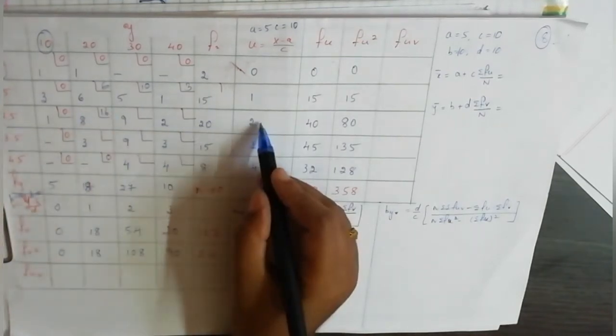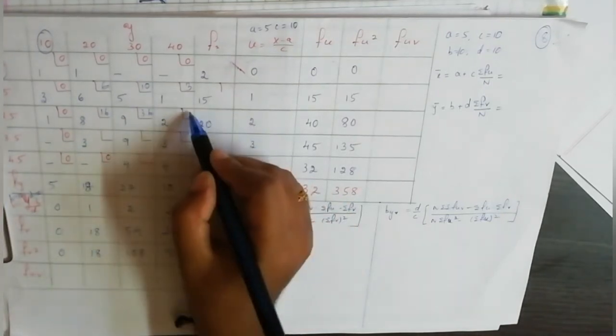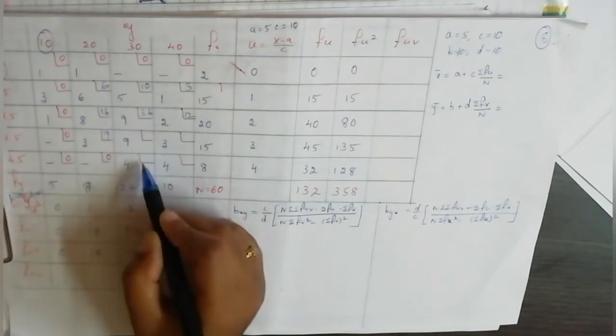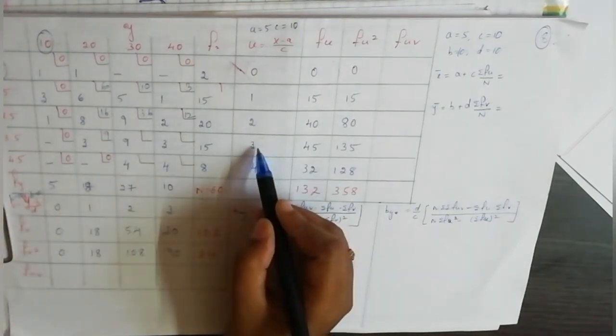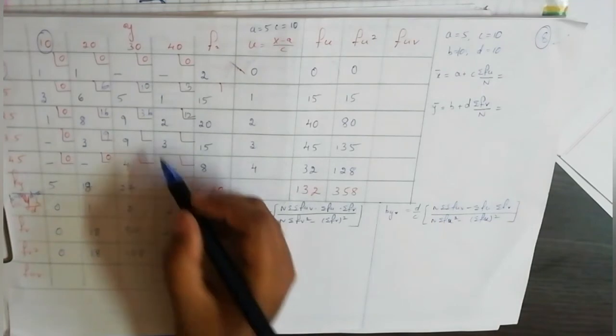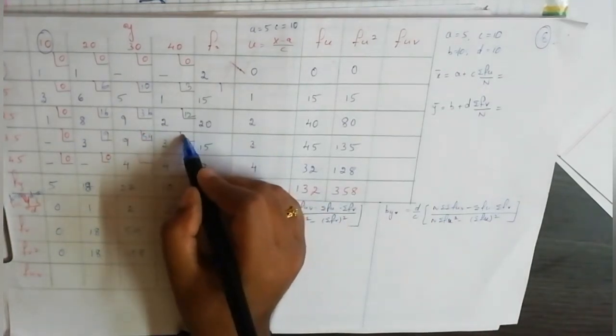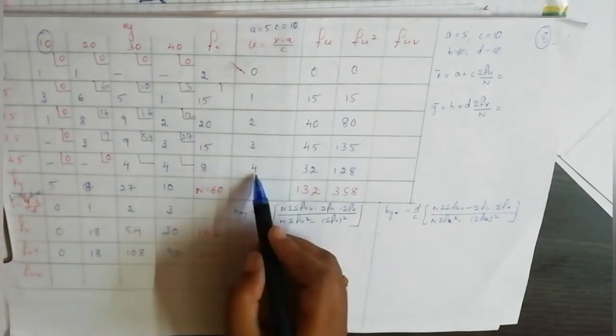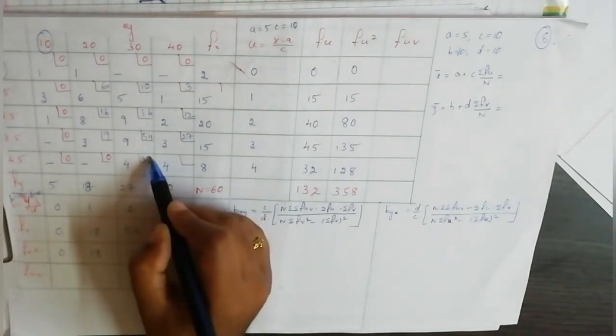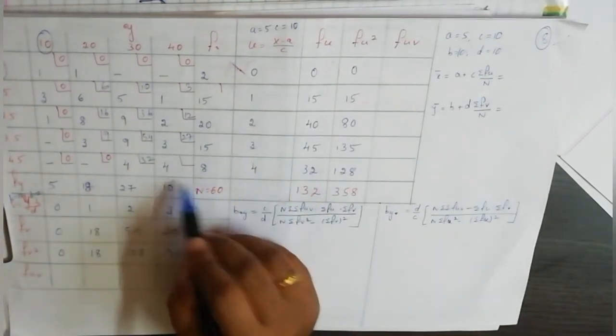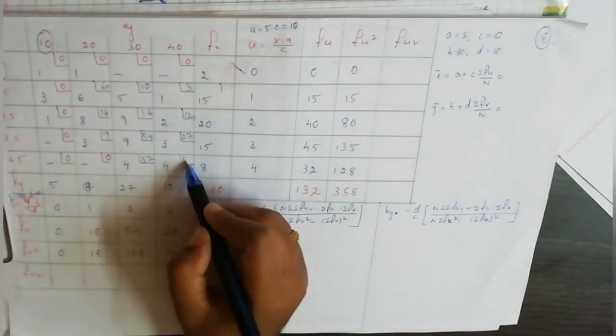Next 9 twos are 18, 18 twos are 36, 2 twos are 4, 4 threes are 12, 3 threes are 9, 9 ones are 9, 9 threes are 27, 27 twos are 54, 3 threes are 9, 9 threes are 27. Here 4 fours are 16, 16 twos are 32, and 4 fours are 16, 16 threes are 48.